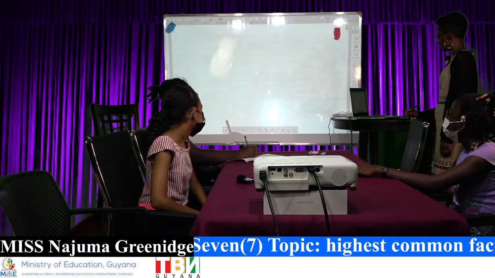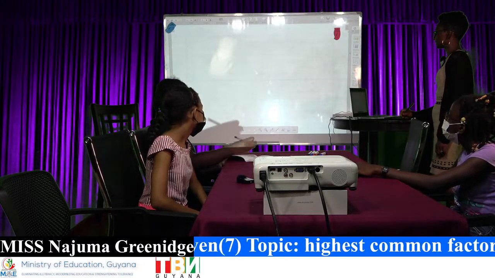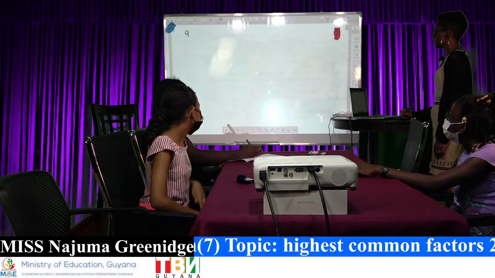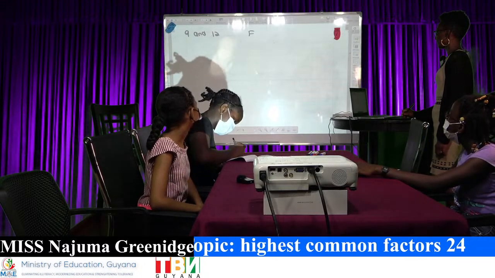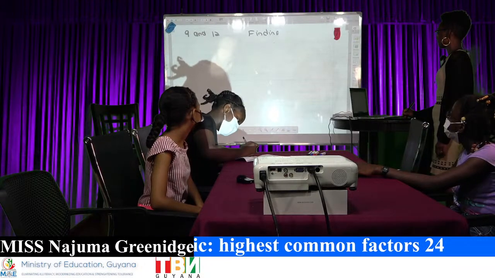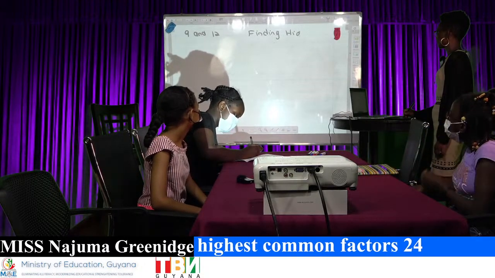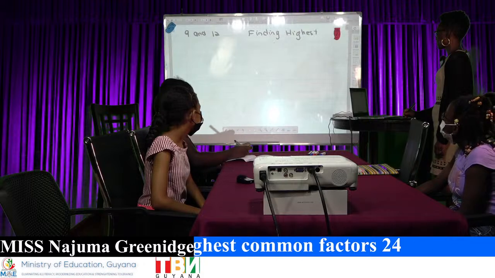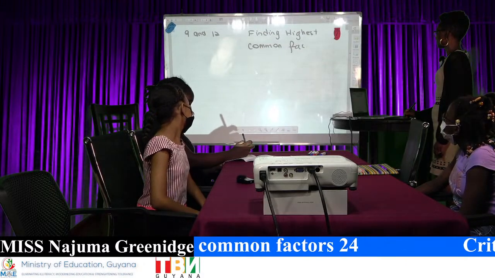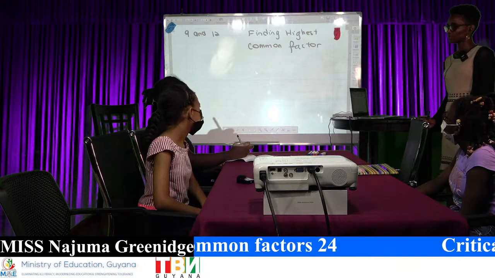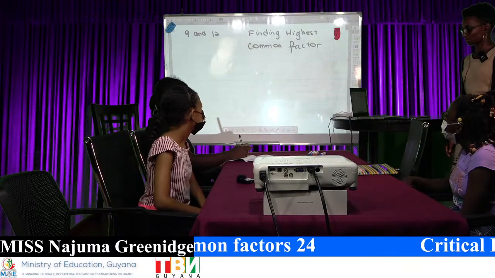So try, let's say 9 and 12. So you're finding the highest common factor, and we're using the prime factorization concept, right?